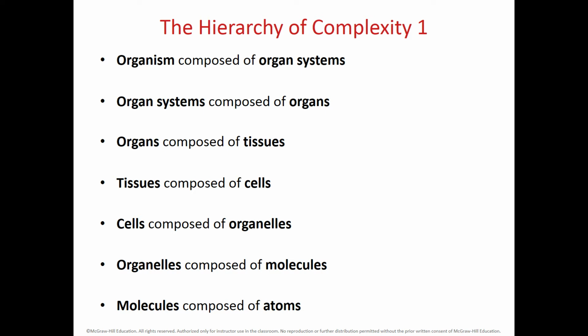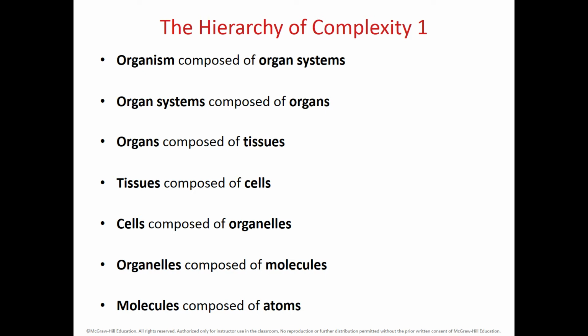The next level of the hierarchy is the organelles. Organelles are microscopic structures found within the cells that carry out individual functions. Examples of organelles are the mitochondria, centrioles, and lysosomes, and these organelles are composed of molecules. Molecules are structures that are formed from at least two atoms.